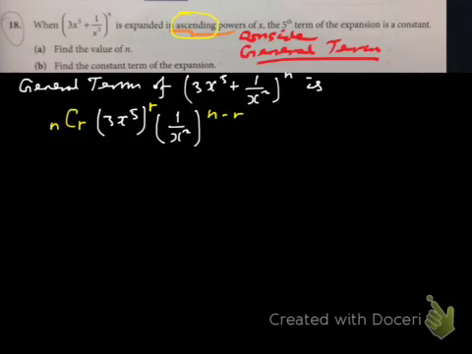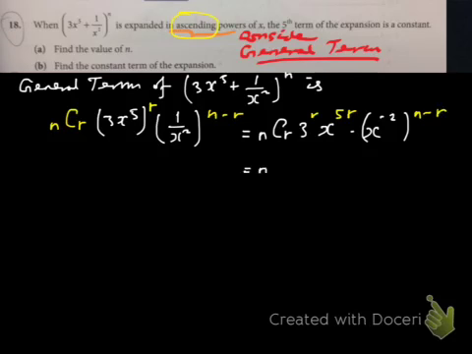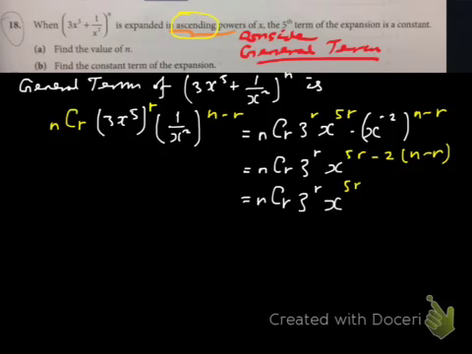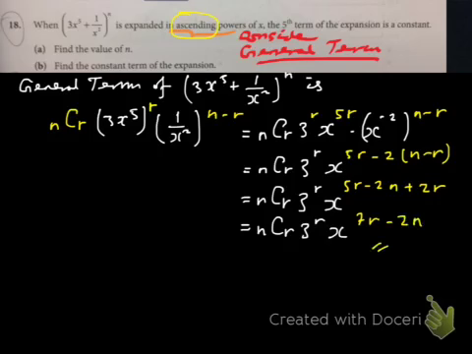So now let's consider what it means by the fifth term and a constant term. Now, if you follow through with the algebra, you can see that x to the power of 7r minus 2n.